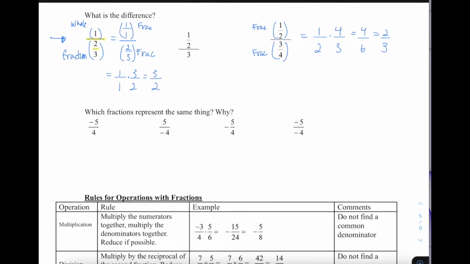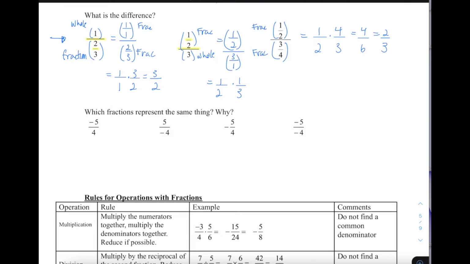Now, by the same logic, I can see that this line here is longer than this line here. So this has a fraction in the numerator and a whole number in the denominator. So the way I would rewrite this is I would write it as 1 over 2 divided by, and I'm going to write 3 as 3 over 1, just to make it easier for me to see.